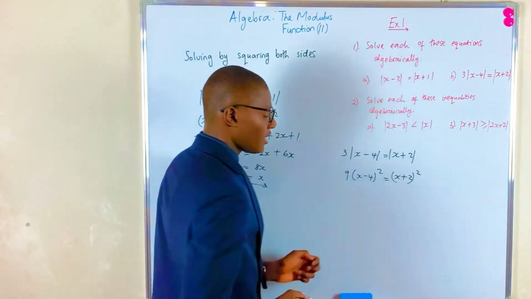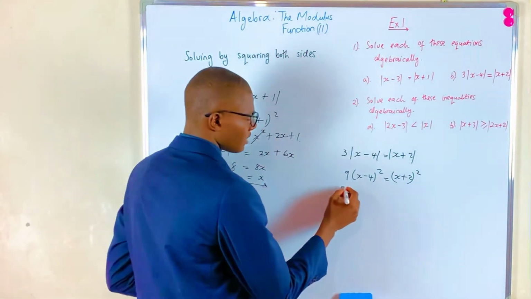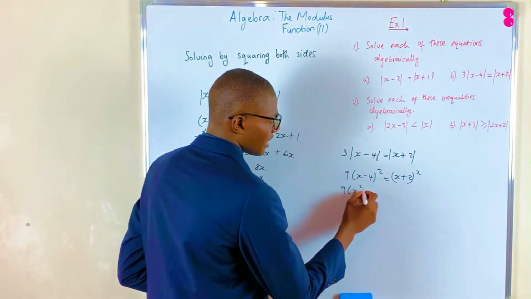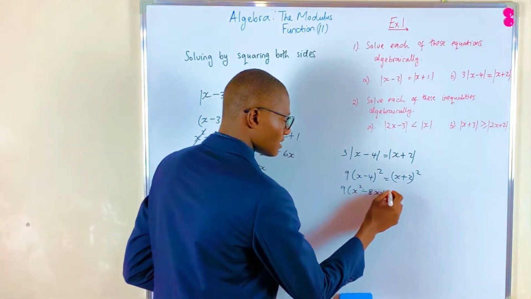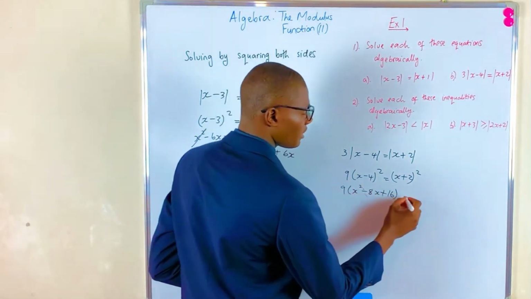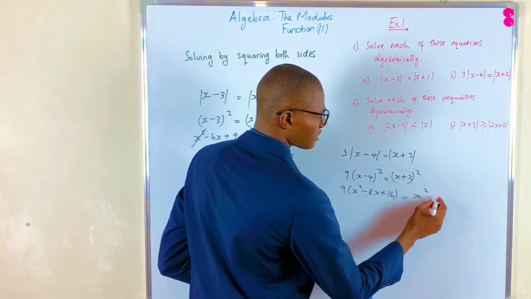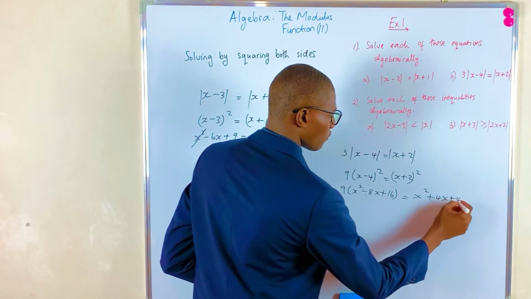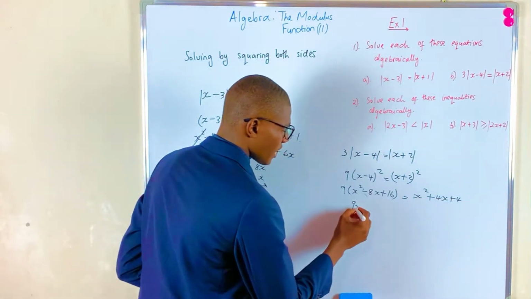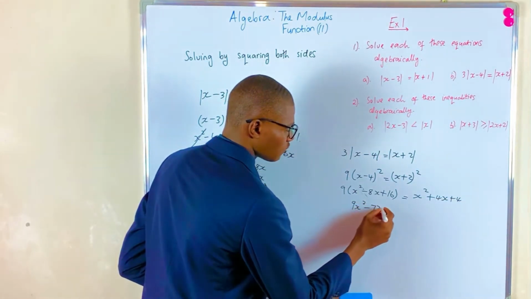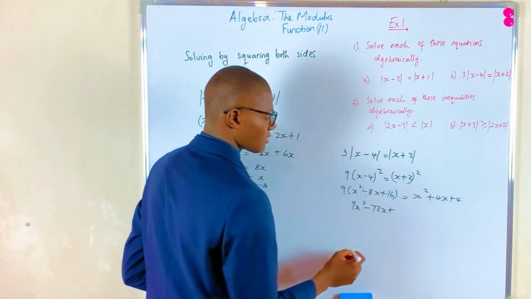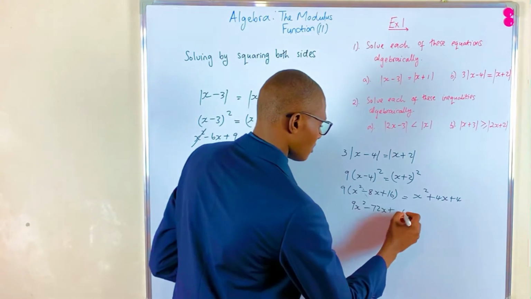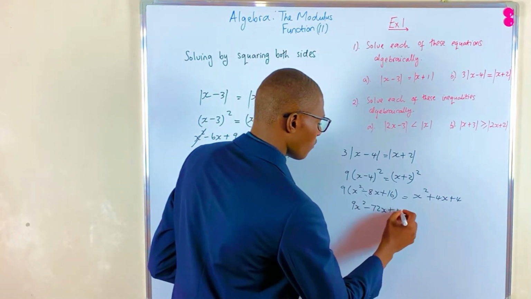Right? And now if we expand here, we're going to get 9 multiplied by x squared minus 8x plus 16 being equal to x squared plus 4x plus 4. This simplifies to 9x squared minus 72x, then plus 9 times 16, which is 144.